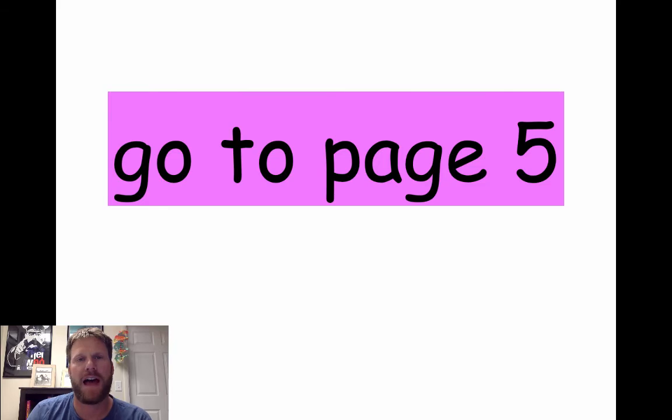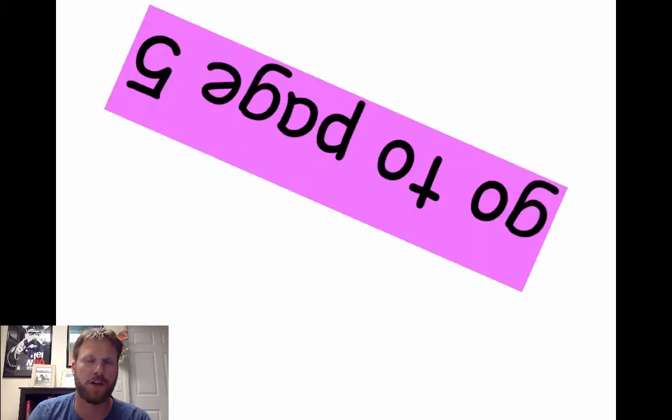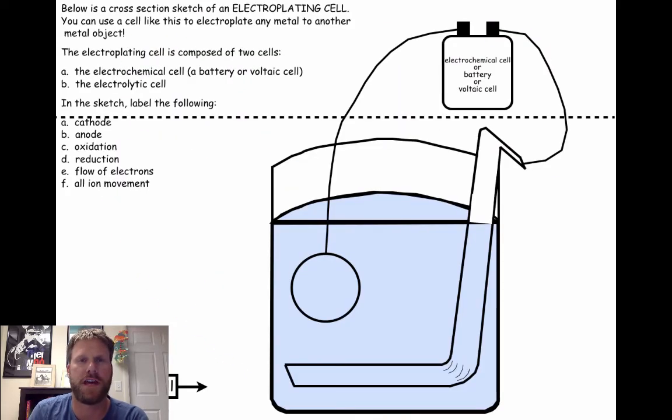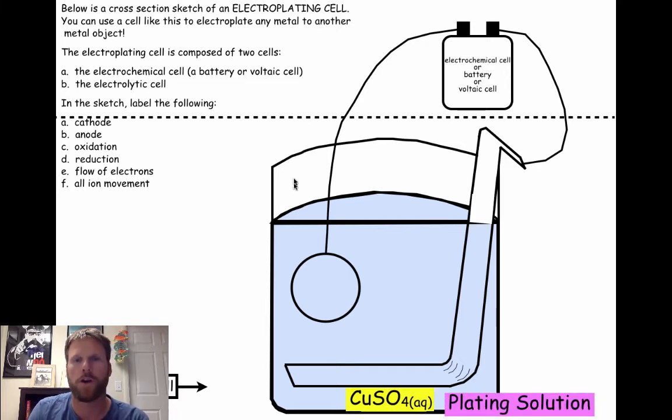So let's go to page 5 and we'll explain how this process occurs. So here's the little setup you're going to have in the lab. First off, you're going to have a copper strip and a quarter in a copper sulfate plating solution. We're going to go ahead and label both the electrochemical cell and the electrolytic cell with the following terminology.